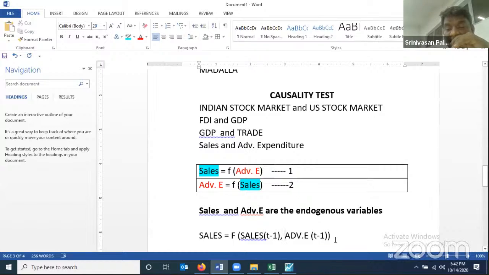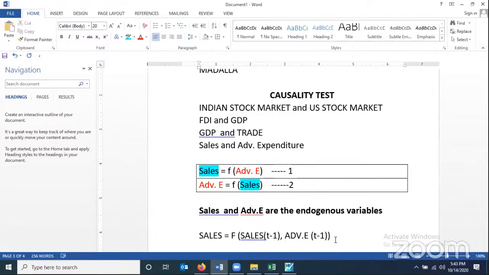The causality model specification is completely based on theory. That is why I have taken sales and expenditure. Can anyone agree? Let me say the Indian stock market is influenced by the US stock market, the past movement of the US.